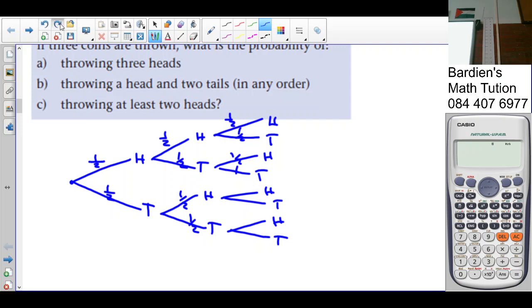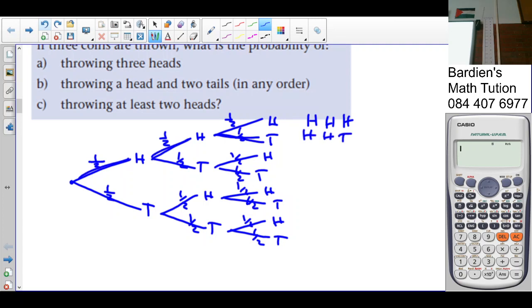So what happens is, in the outcomes, you can hit on the first coin a heads, second coin a heads, and the third coin a heads as well. Can you see that? This is heads, heads, heads. Or it can be heads, heads, tails.